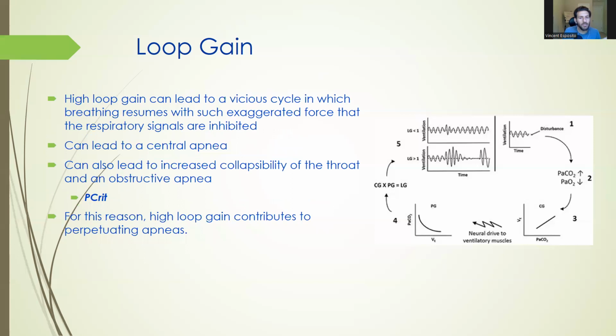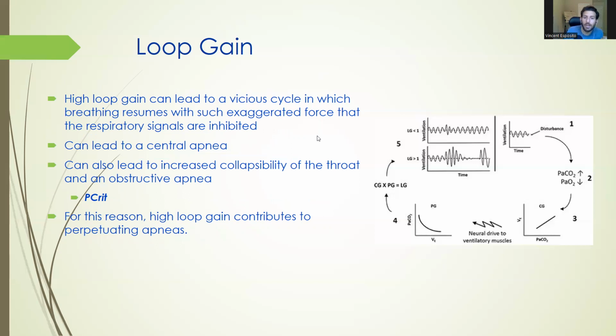So high loop gain, like I was just talking about, can lead to a vicious cycle in which breathing resumes with an exaggerated force and the respiratory signals are inhibited. This could lead to something known as a central apnea. It can also lead to increased collapsibility of the throat, which again was peak crit.